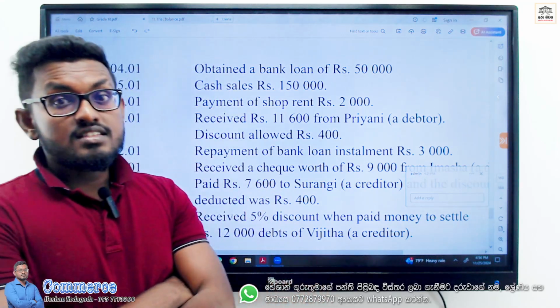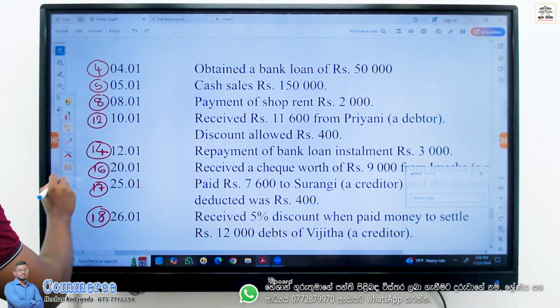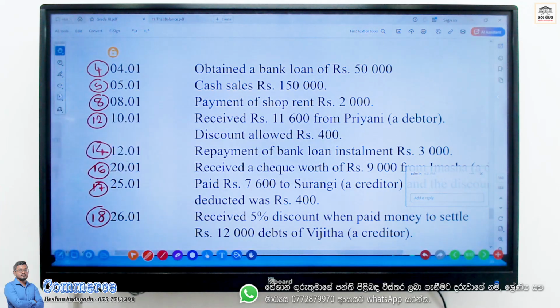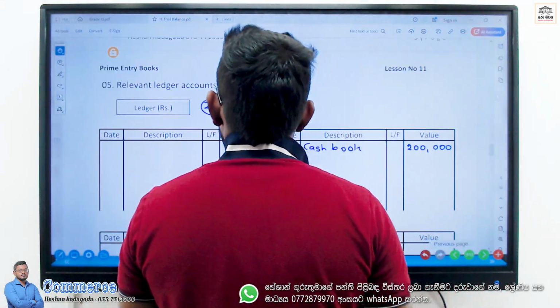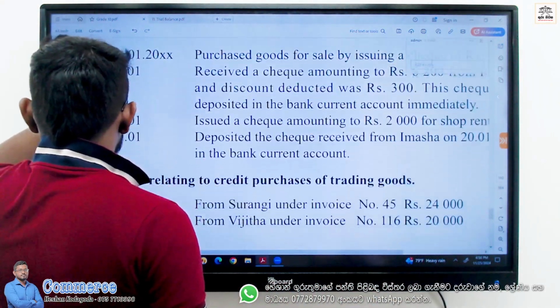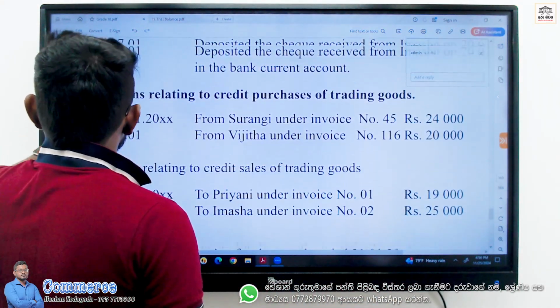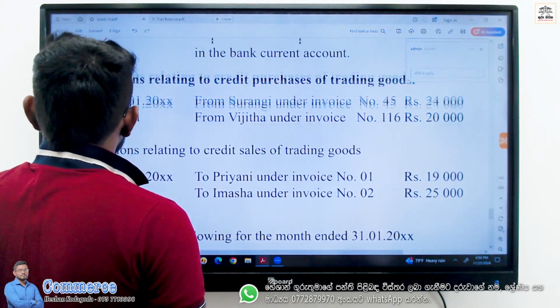So this is a cash receipt. Let's go to the cash book.